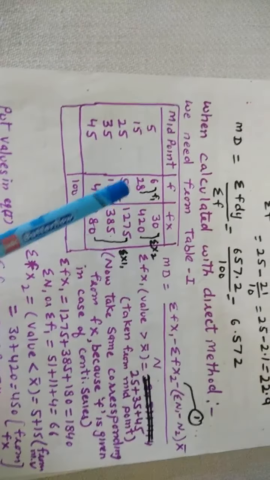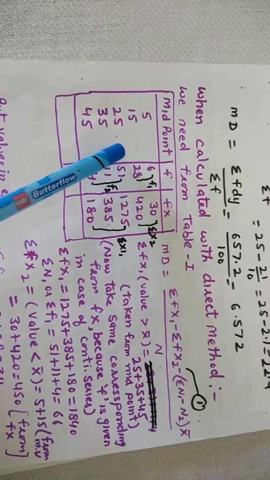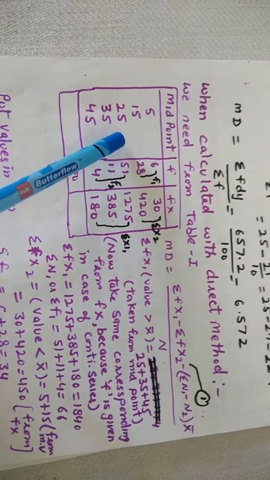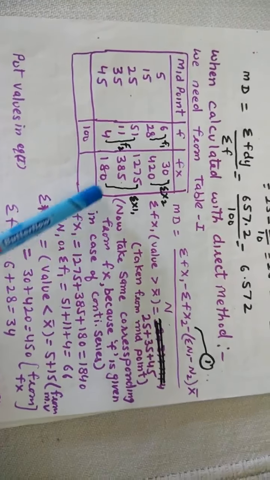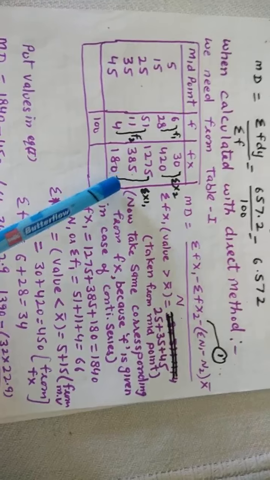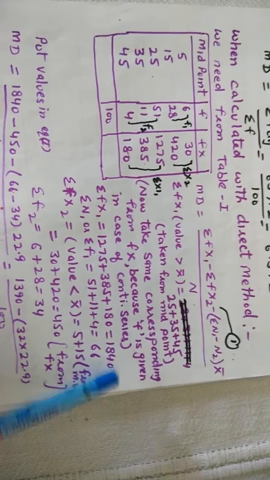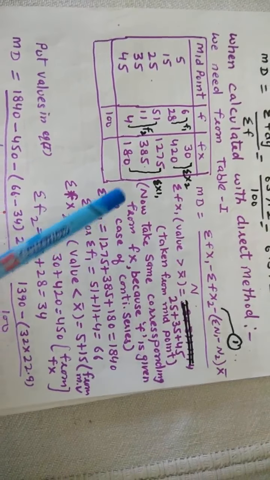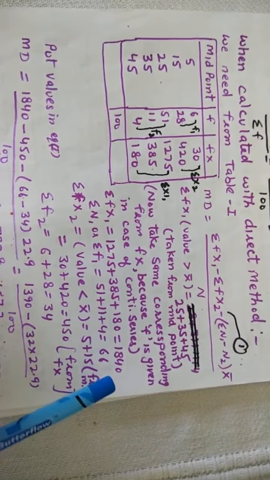From the midpoints, values greater than 22.9 are 25, 35 and 45. So we take values from fx, 1275 plus 385 plus 180, total is 1840. And n1 taken from frequency 51 plus 11 plus 4, that is 66.